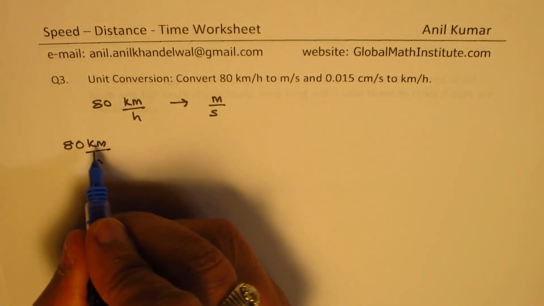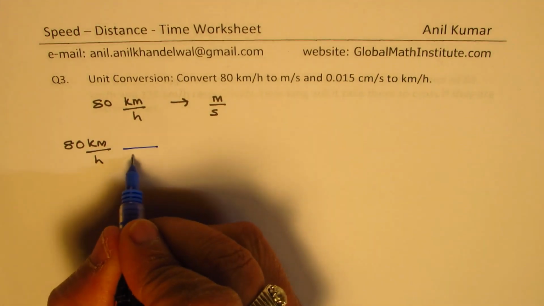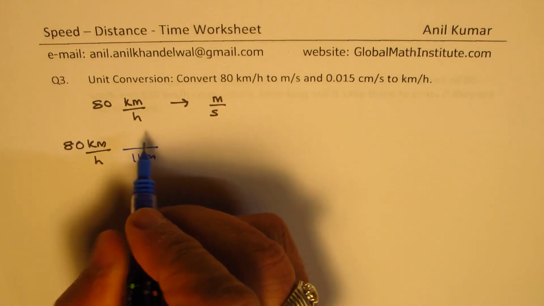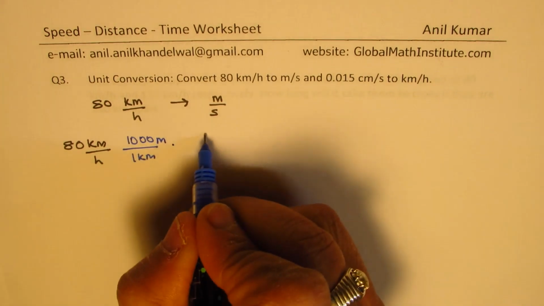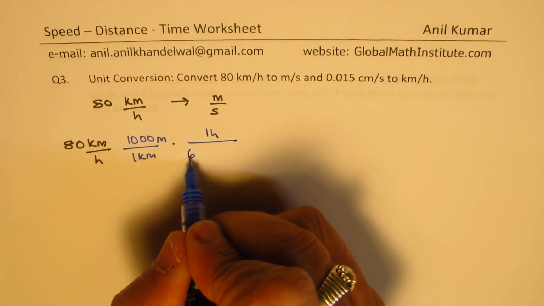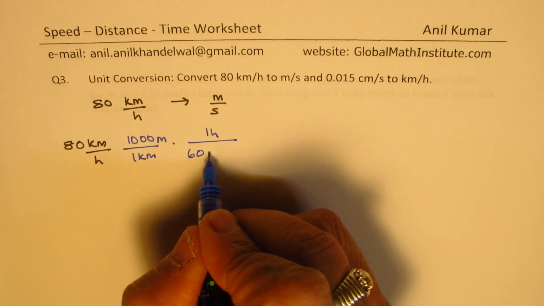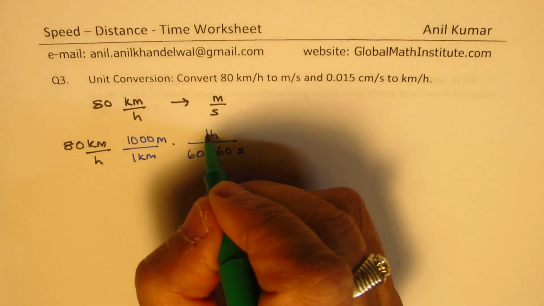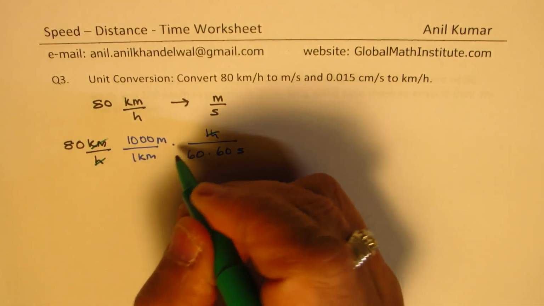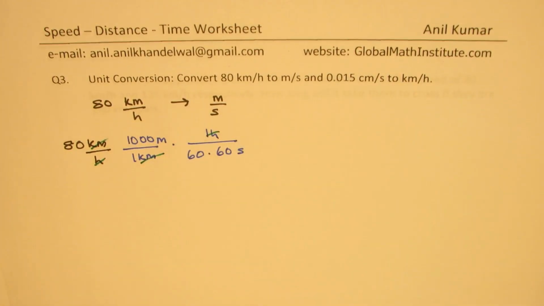So we have to cancel kilometers, right? So we know 1 kilometer is 1000 meters. As far as the hour is concerned, it is 60 times 60 seconds. So from here, you can see that the units match. We are left with meters per second.